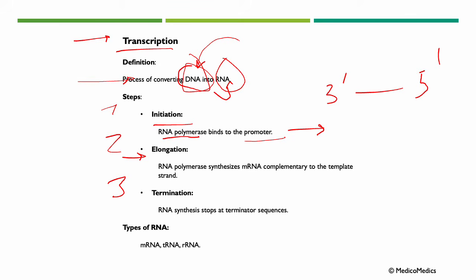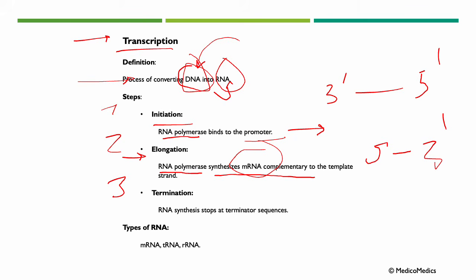And then it has synthesized a complementary mRNA, right? So RNA polymerase synthesizes mRNA complementary in the 5 to 3 direction.